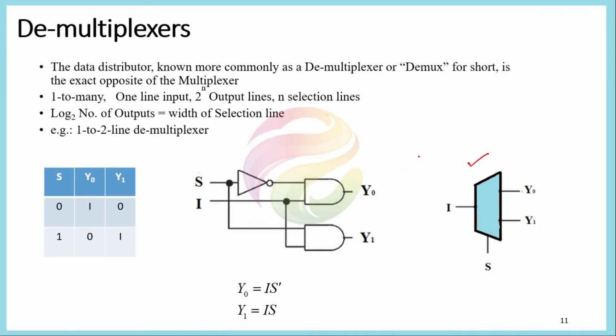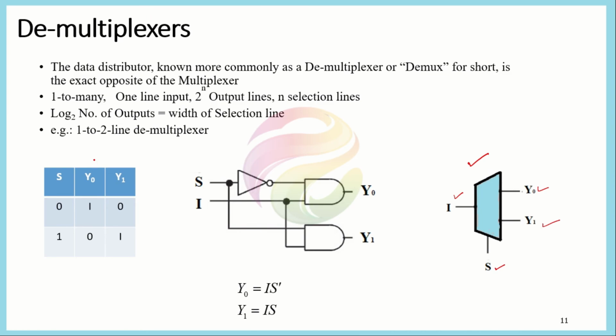We can say that it has one input line and 2 to the power n output lines, and for 2 to the power n output lines we would require n selection lines. So this is the selection line here, this is the input, and these are the two outputs here.